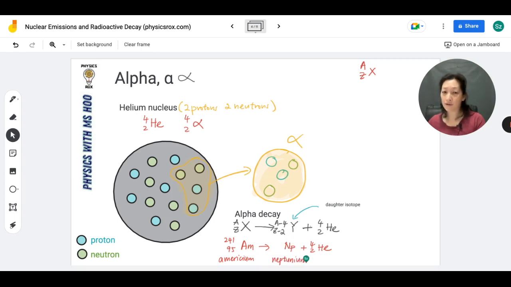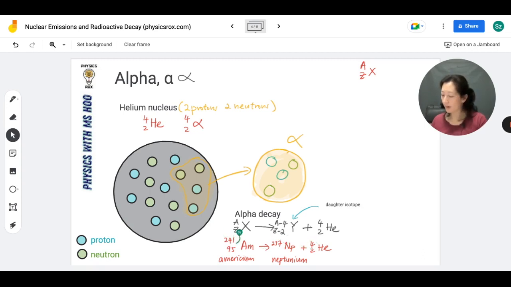And in terms of the numbers, here's how you determine it. You can see, also based on numbers, the number before and after the arrow have to be balanced. So if americium starts with 241, it's thrown out 4. Use your math skill, 241 minus 4, you will get 237. So you can see the numbers on top must be balanced. So 237 plus 4, you get 241.